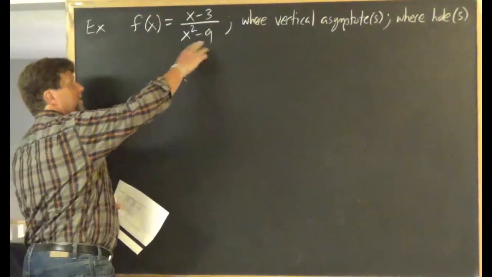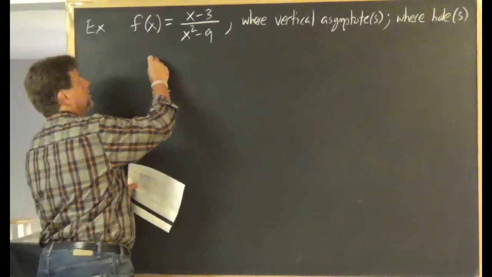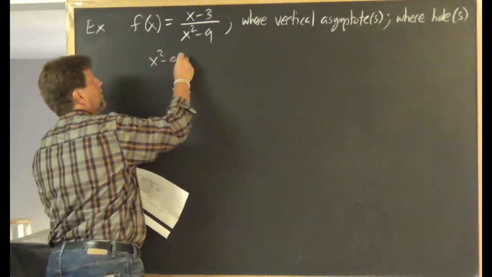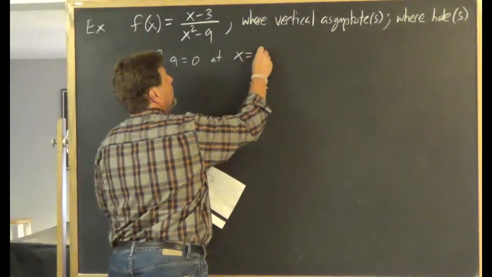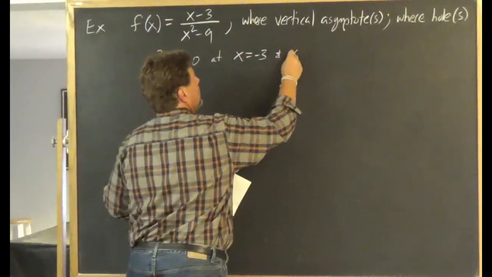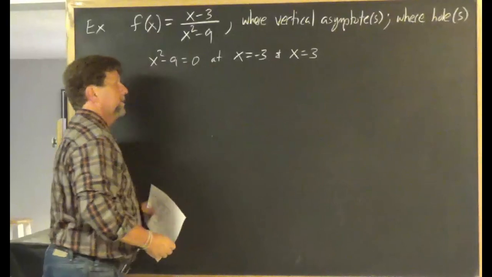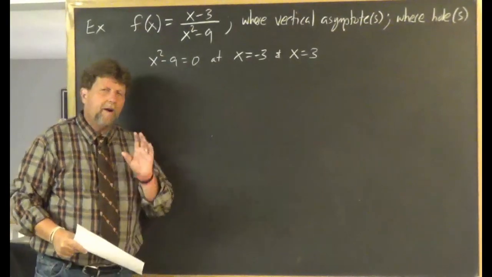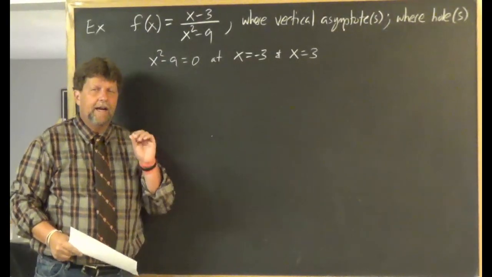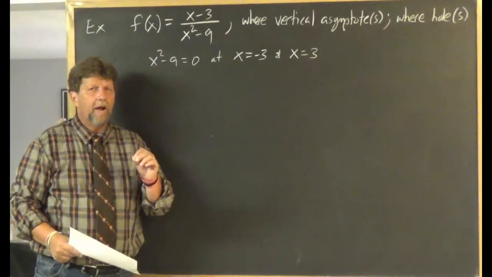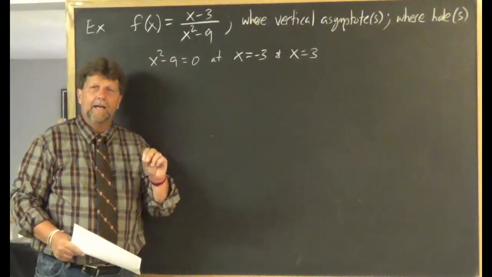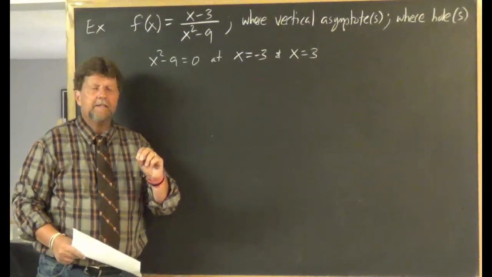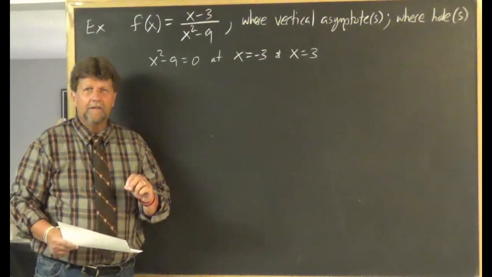This denominator is 0 at negative 3 and at 3. So on the graph of that function at an x value of negative 3 the graph either has a hole or a vertical asymptote. At x equals 3 the graph has a hole or a vertical asymptote.